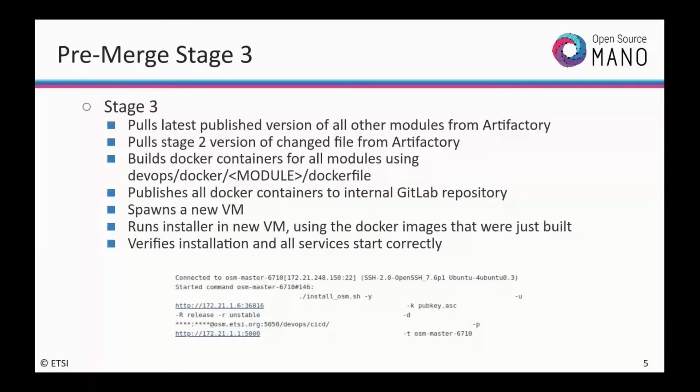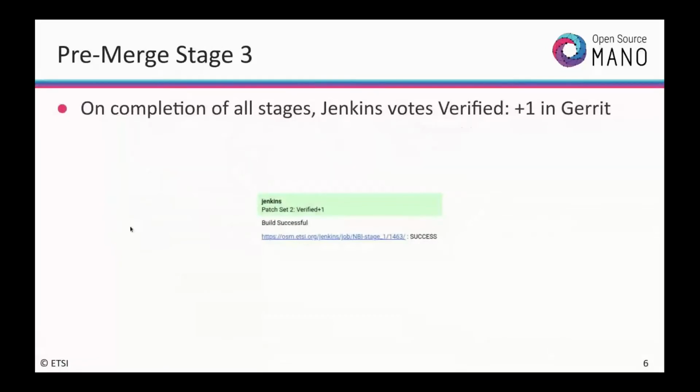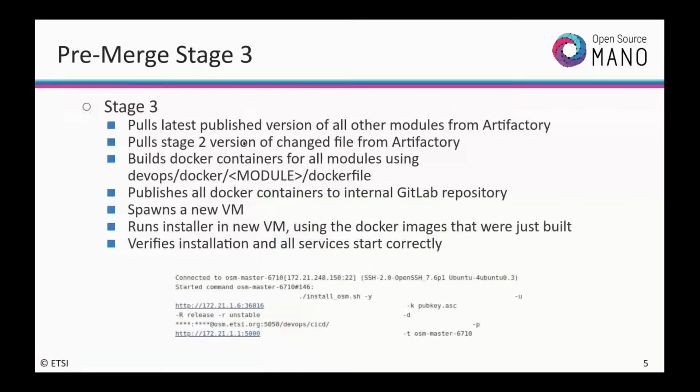It then pulls down your local changed version from Artifactory. So it now has the latest, best version of all the other modules, plus that one change that you made.